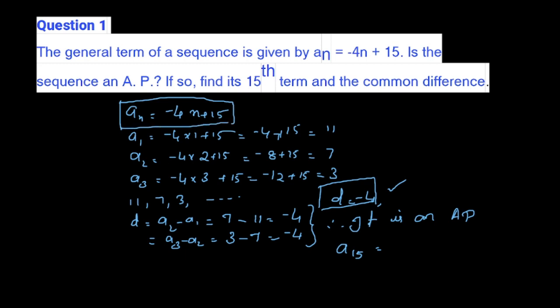By substituting n equal to 15, we get A15. So it is minus 4 into 15 plus 15. Minus 4 into 15 is minus 60, and minus 60 plus 15 is equal to minus 45. So the 15th term is minus 45.